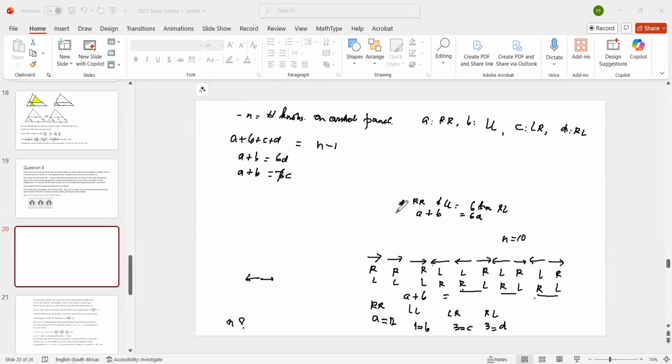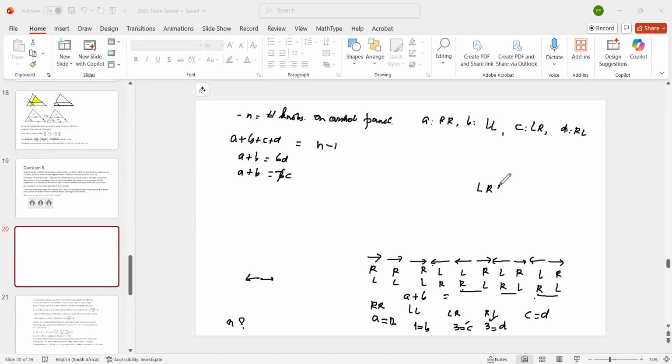Now, let's just find a connection between this RL and LR. You see, the number of LRs, yeah, you see they're both equal. LR and C is equal to D in this case, right? But there could be a situation when it's not like that.